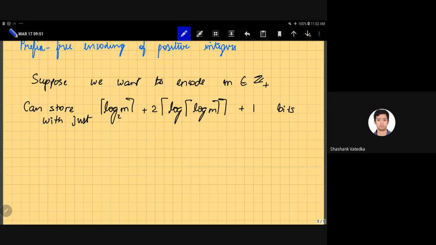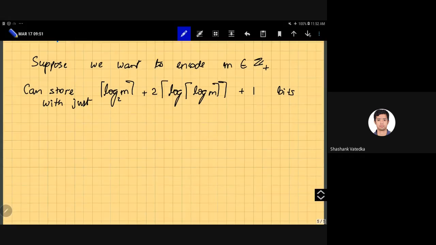For example, for the integer 100, you have a prefix-free encoding which takes log 100 plus 2 log 100 plus 1 bits. For 1000, it requires log 1000 plus 2 log 1000 plus 1 bits.